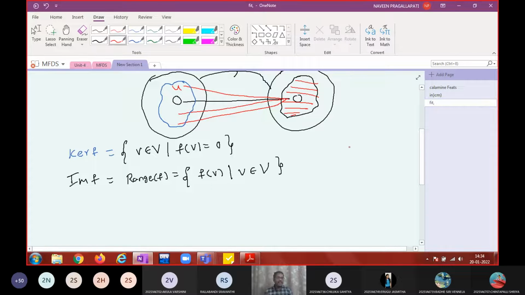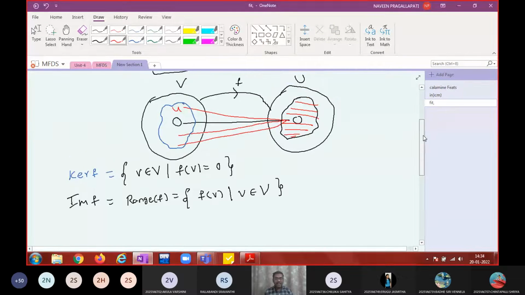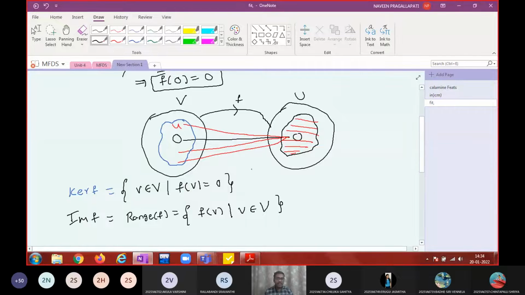Now the interesting point is they are not only sets, they are actually spaces. Kernel f is a subspace of V, and image f is a subspace of U.